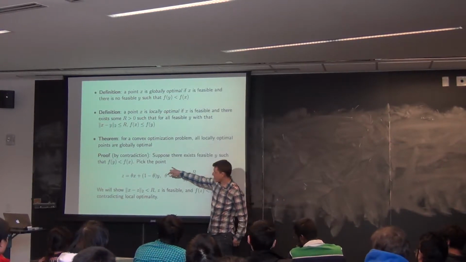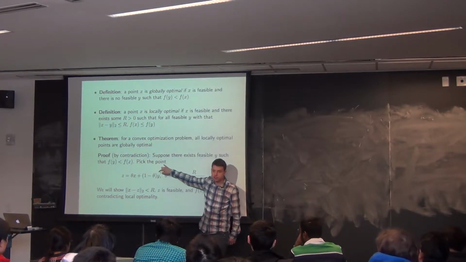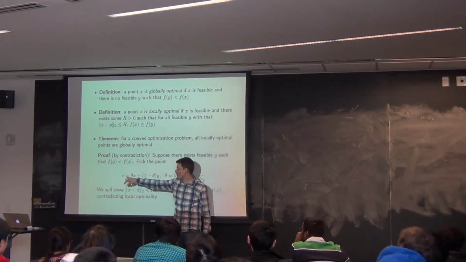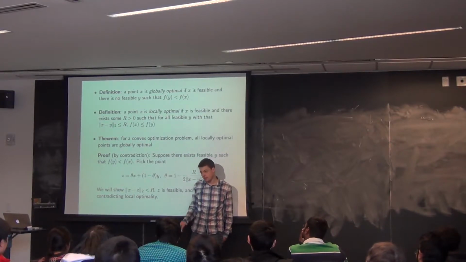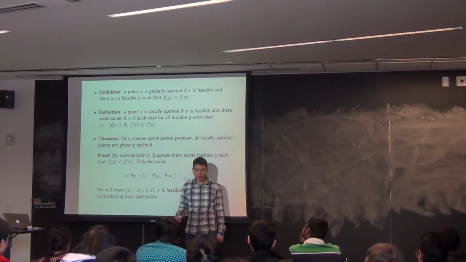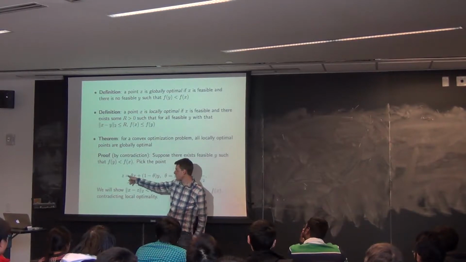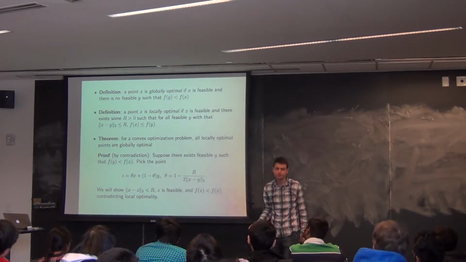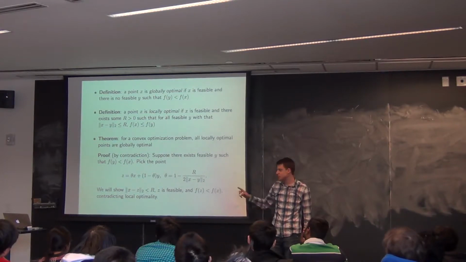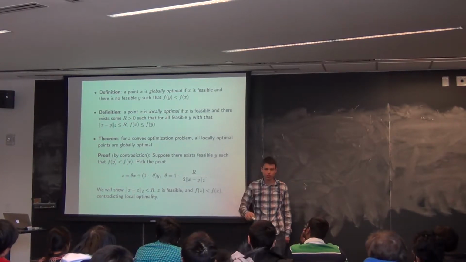Then we can pick this point z, which is some combination of x and y. It is, in fact, a convex combination of x and y. That's an important point here. z is a convex combination of x and y using this particular value for theta.